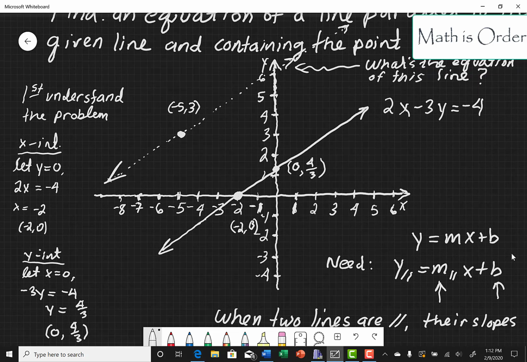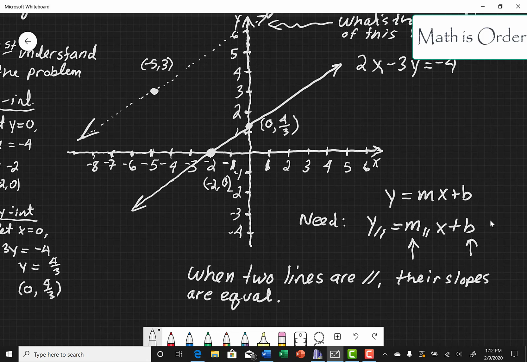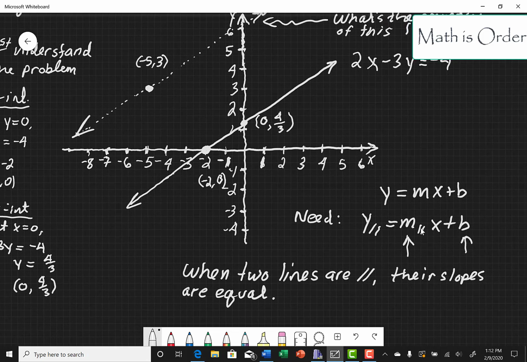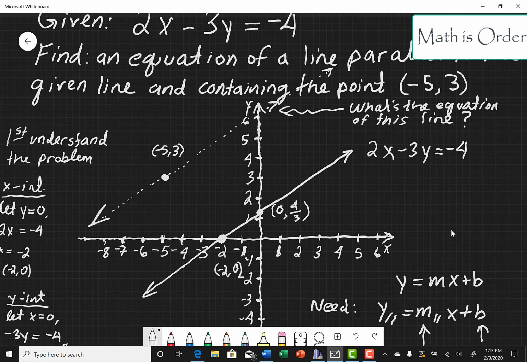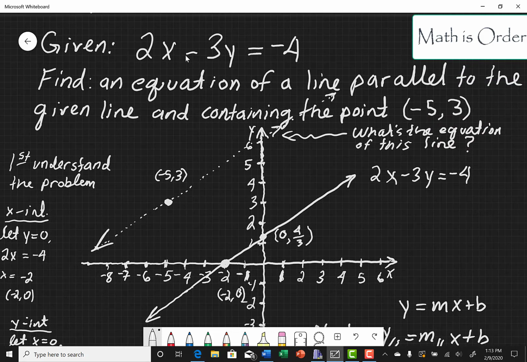In order to solve this problem, again, we need the slope of that parallel line and we need the y-intercept of that parallel line. And we've got this fact here that when two lines are parallel, their slopes are equal. So the thing to do would be to rearrange the given equation so that the slope becomes very clear.